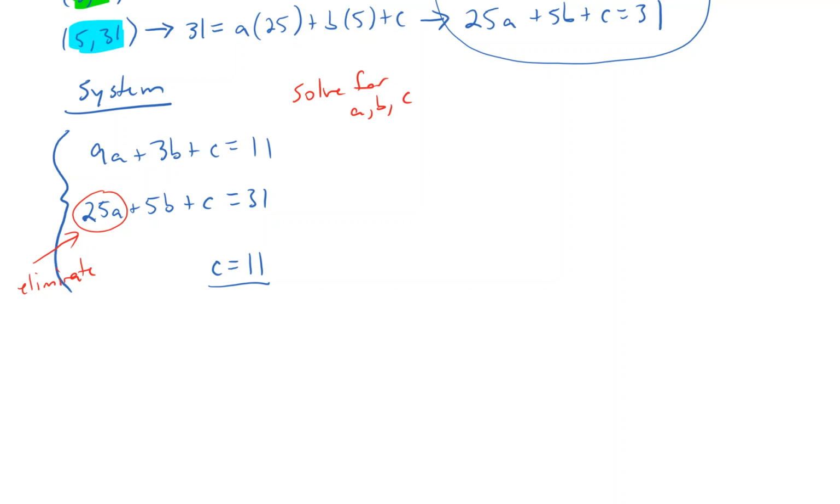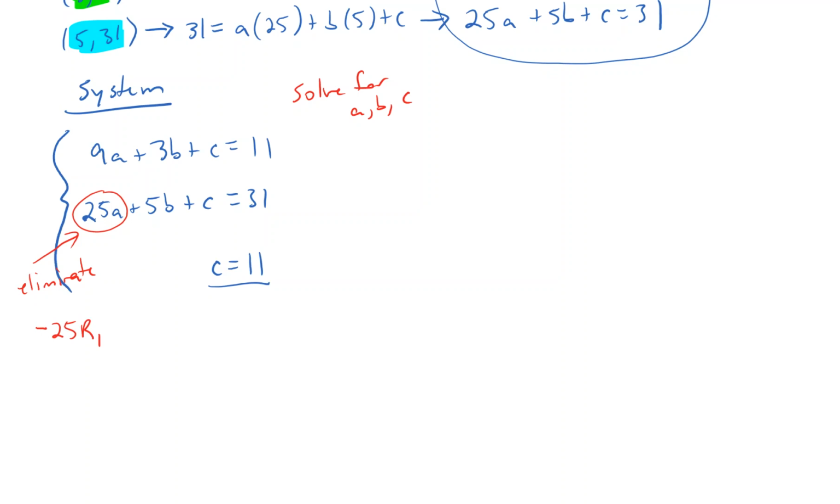So I'm going to multiply row 1 by negative 25, because if I do that, negative 25 times 9 is negative 225.